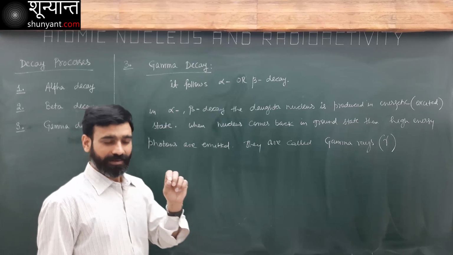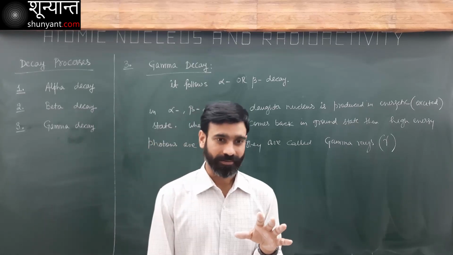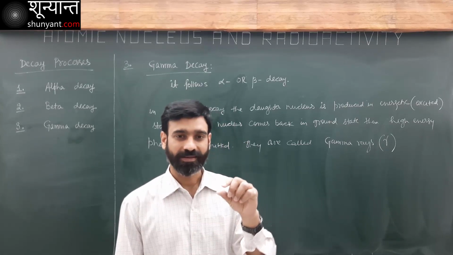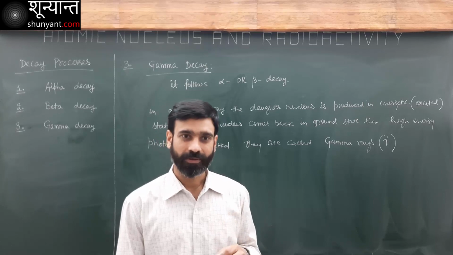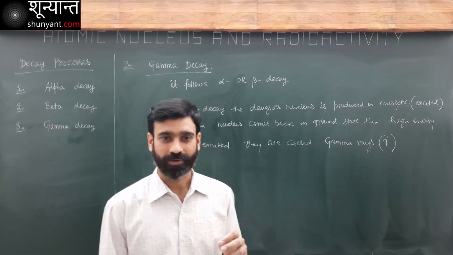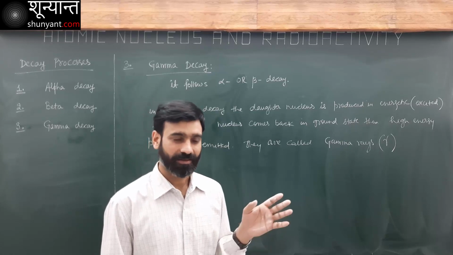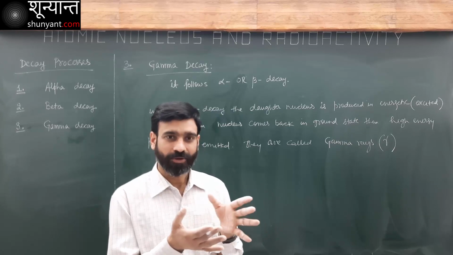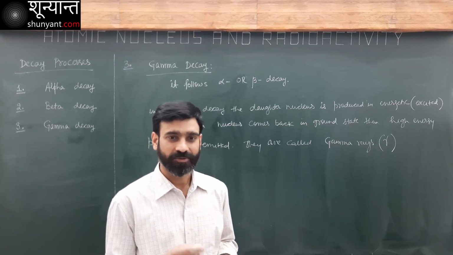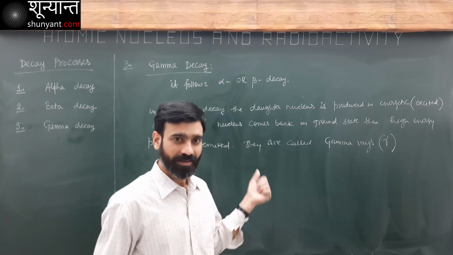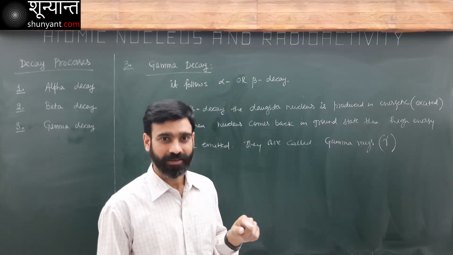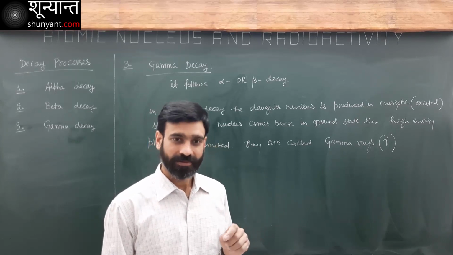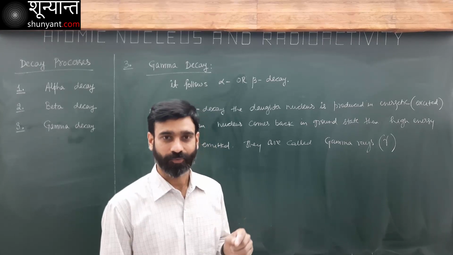Now, in the energy states of electrons, the difference in energy states is of the order of electron volt or a few kilo electron volt at the maximum. We studied in X-rays that the energy differences between two states are of the order of kilo electron volt. In the hydrogen atom, it is of the order of electron volt. But here, you should note down this point: the energy states of the nucleus are of the order of mega electron volt.